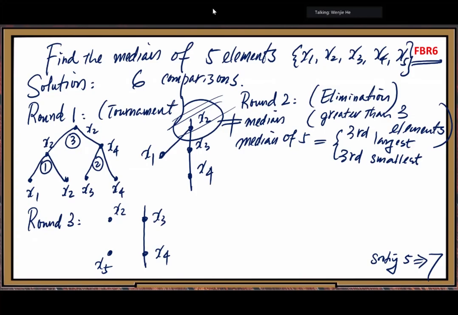Before we do that, let me give you another important fact to help you answer that question. The fact is about the original median. After elimination, we only have 4 elements left.